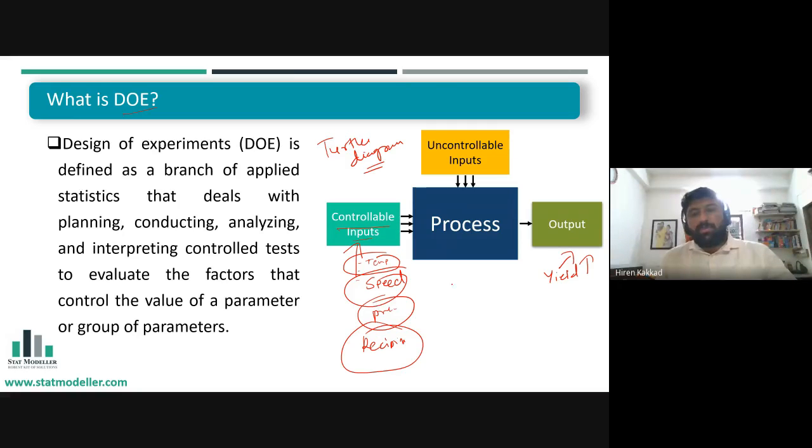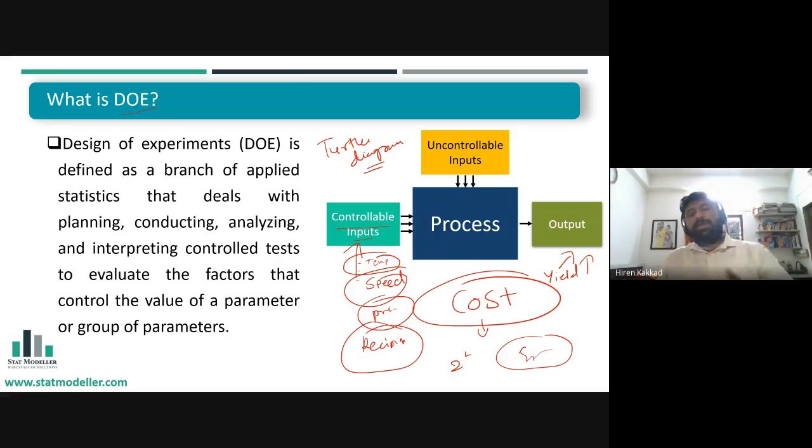So there is some cost part. And when you go to the industry, the cost part will always be there. If you want to conduct an experiment, they will not give you permission straight away. It is not as simple as that, because with each experiment there is some cost associated with it.